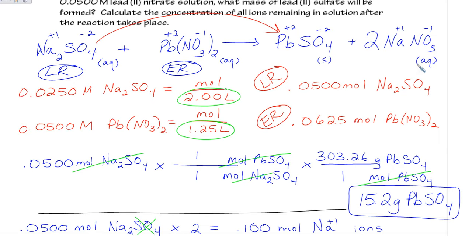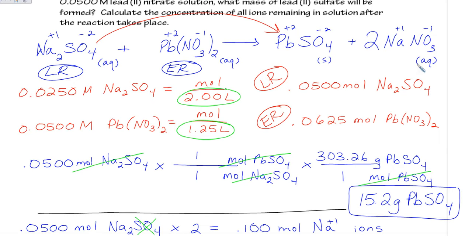Now, we took care of the nitrate. All of the nitrate in the original solution was present on the product side. But there's going to be some extra lead. Most of the lead turns into lead sulfate precipitate. But there will be some excess. So we need to figure out how much excess lead is in the solution, and then we'll do kind of the same thing. We'll divide it by our total volume.